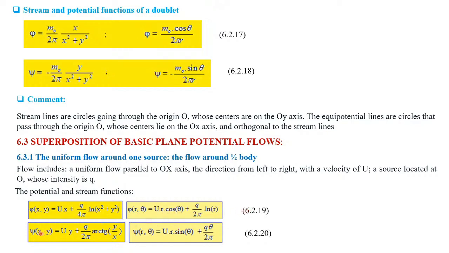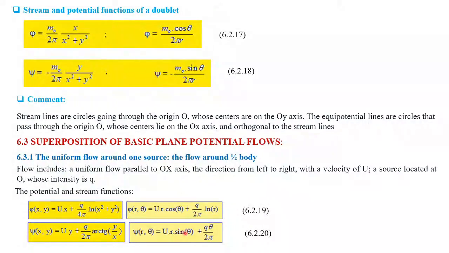For psi in the Cartesian coordinate system, we get this one, the psi of the uniform flow plus the psi of the source. So we sum the two flows and change into the polar coordinate system, and we get this one.